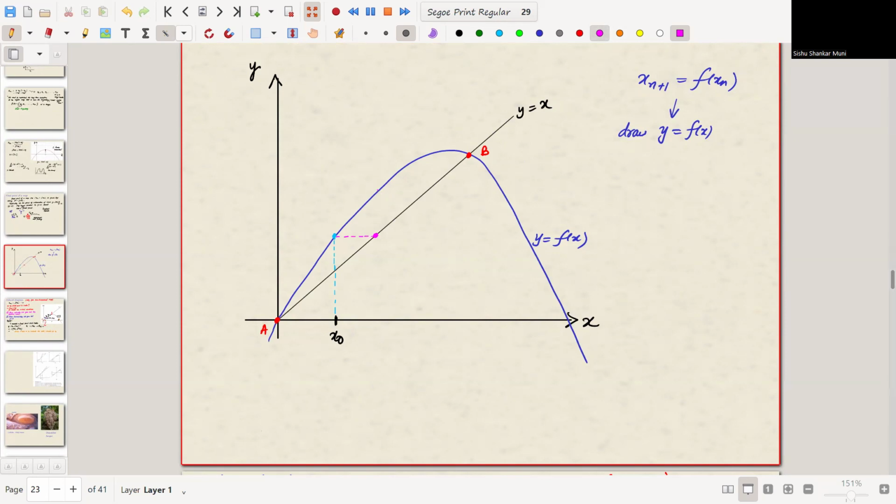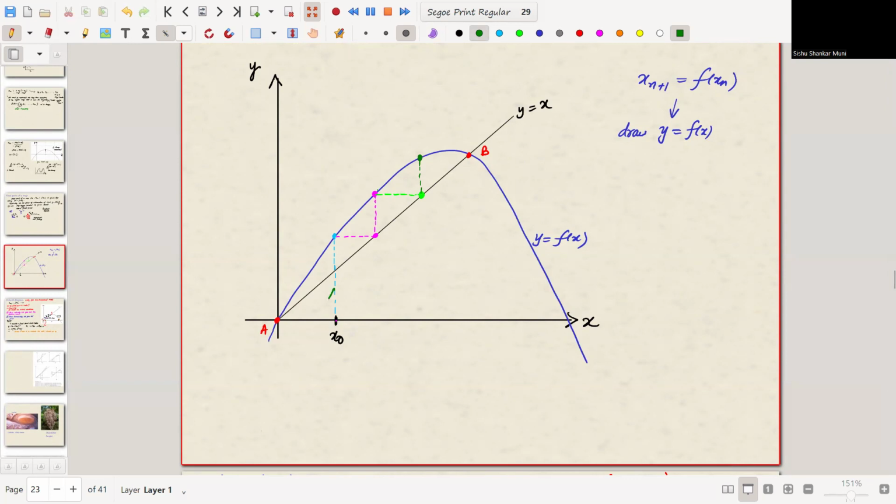Again, move vertically, because this step is similar to the first step. You reach here. Then move horizontally again and hit here. After that, you go vertically and hit here again.